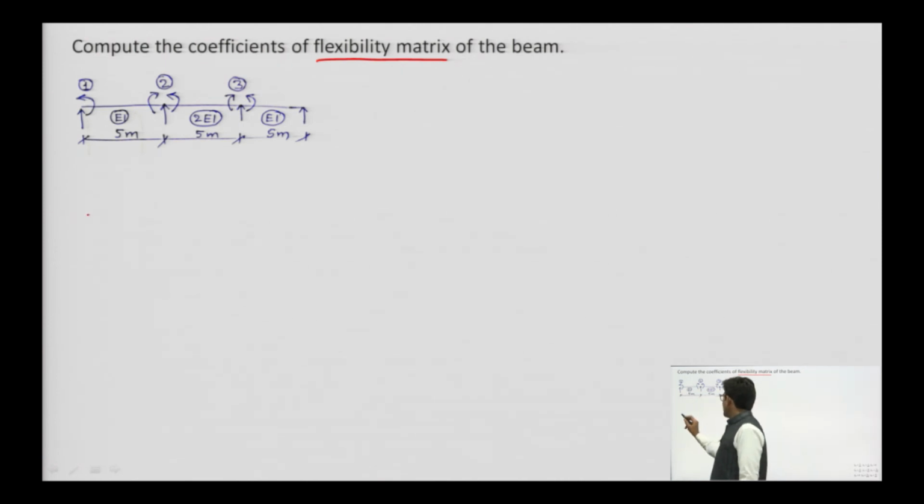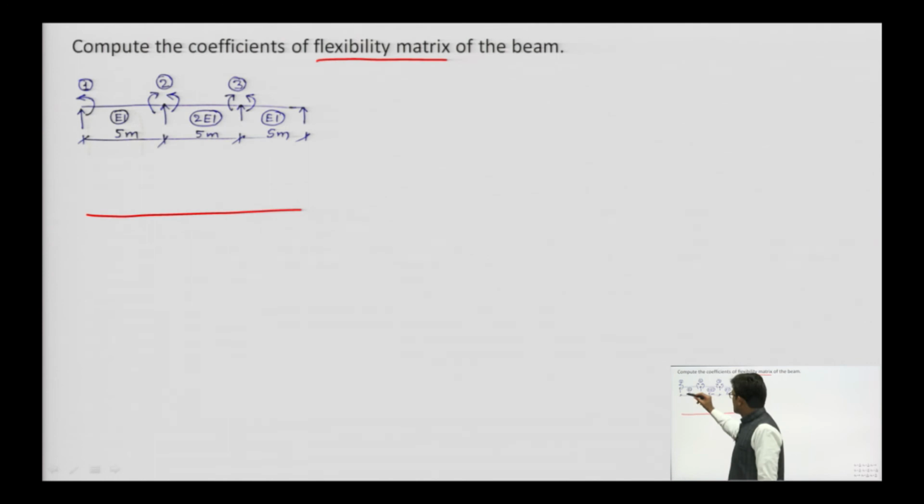At this joint there is a couple, and that is denoted by 1.